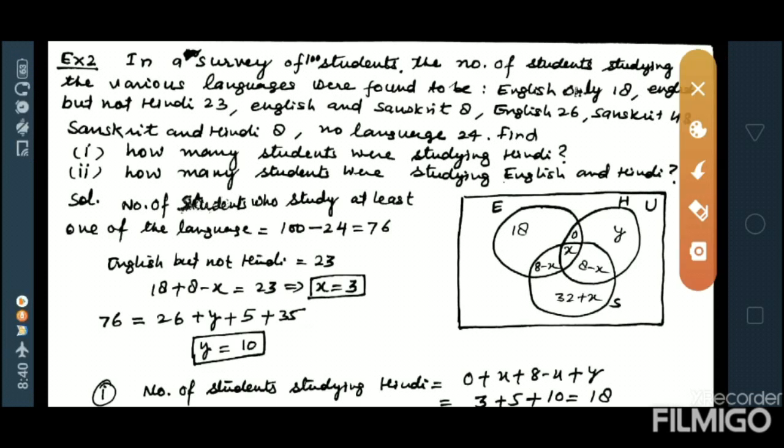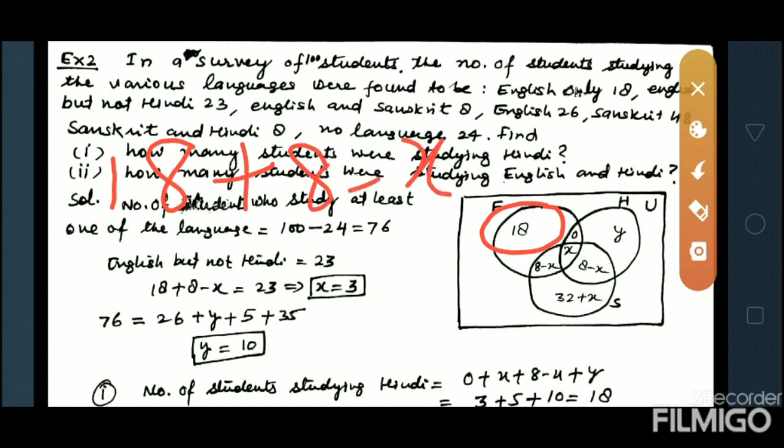Now the number of people English only is 18, so this will be English only 18. English but not Hindi, it means 18 plus 8 minus x must be equal to 23.